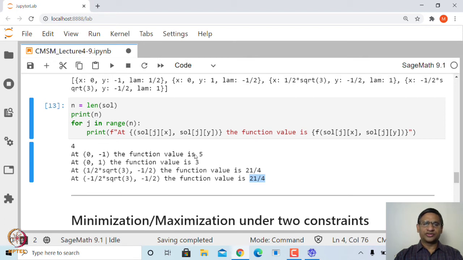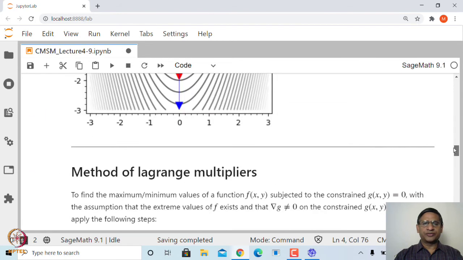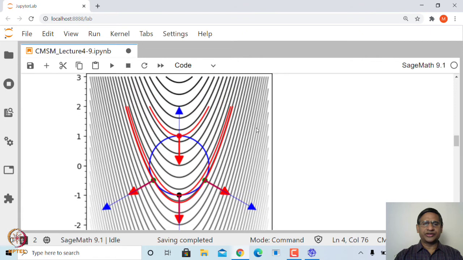So, this is a point of minimum, and this will be a point of maximum, and the minimum value is 3 and the maximum value is 5.24. That is what we saw geometrically, if you go back and see these contour plots. So, this was the minimum, and this is the maximum value.